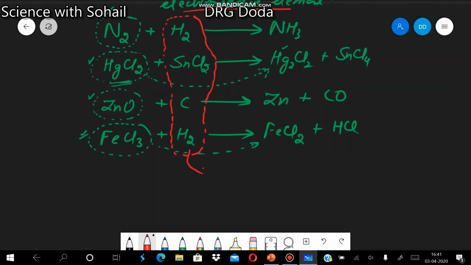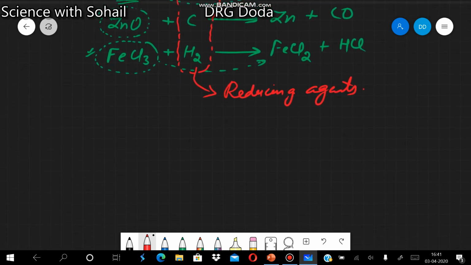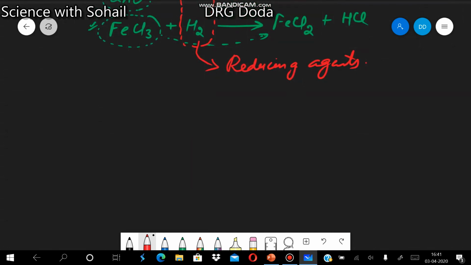And what are these species known as? These are known as reducing agents. So from the above discussion, we can define what is oxidizing agent and what is a reducing agent.